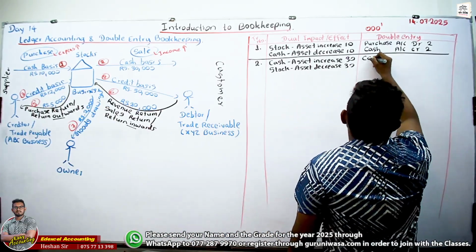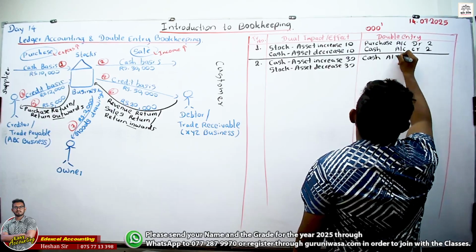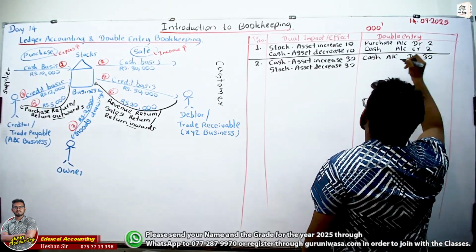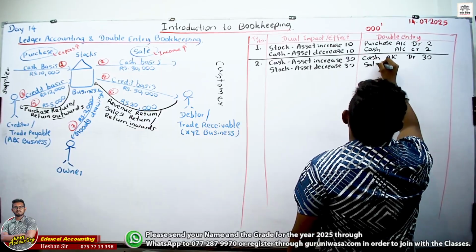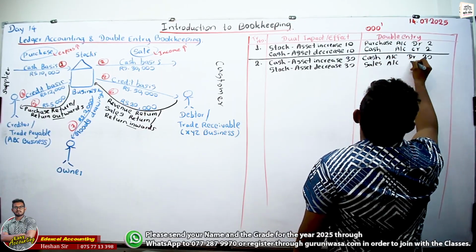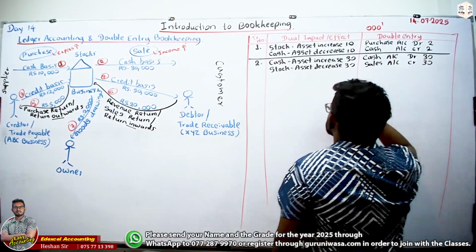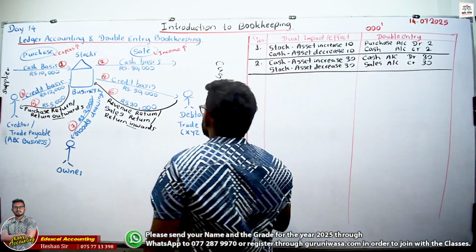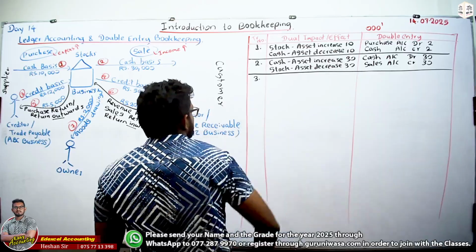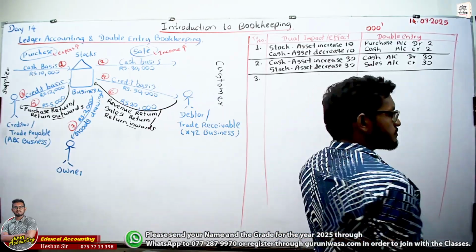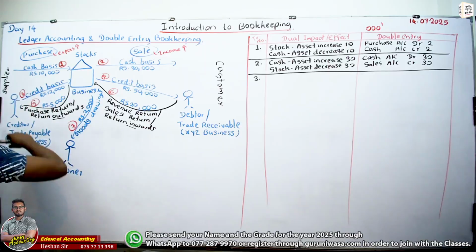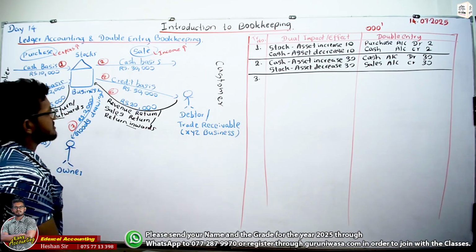So cash account debit 30,000. Sales account credit 30,000. Number 3. Now the important parts. Credit basis purchases.